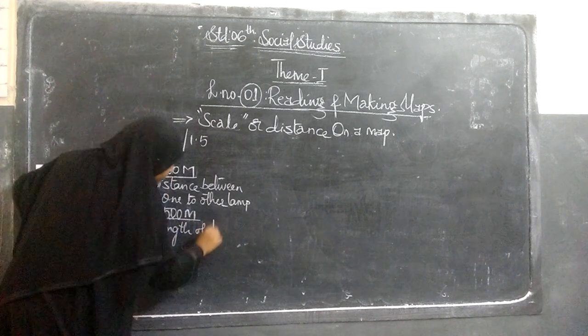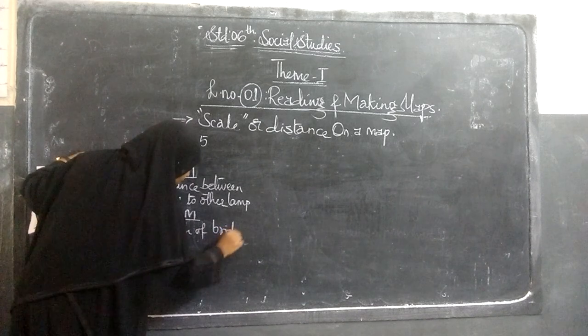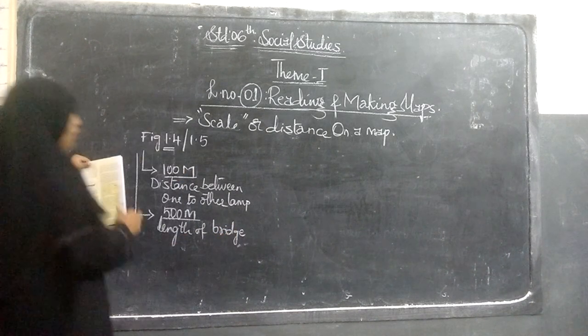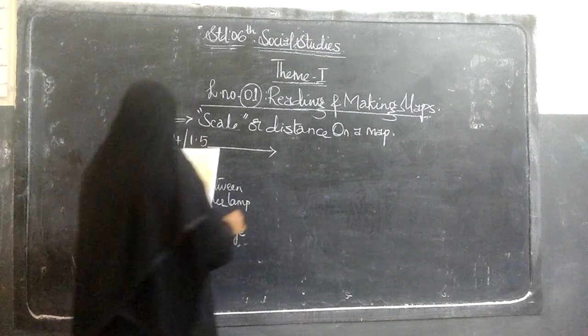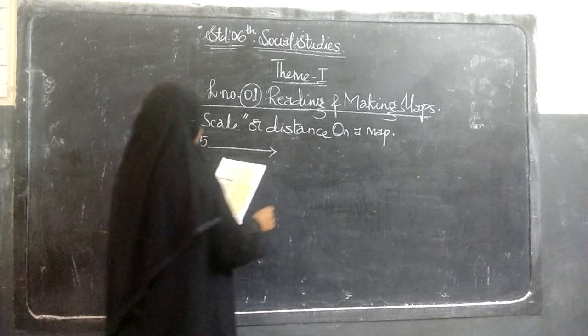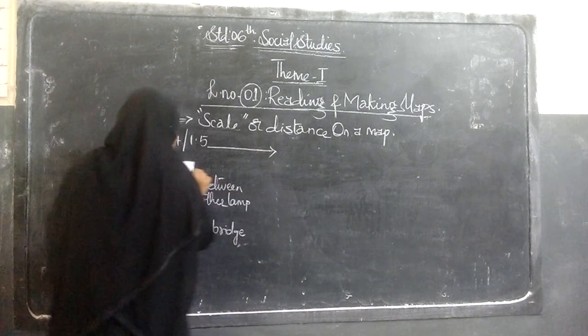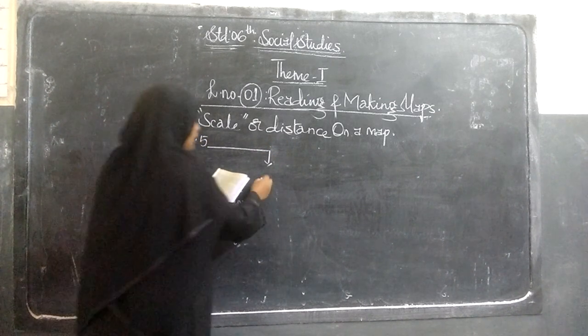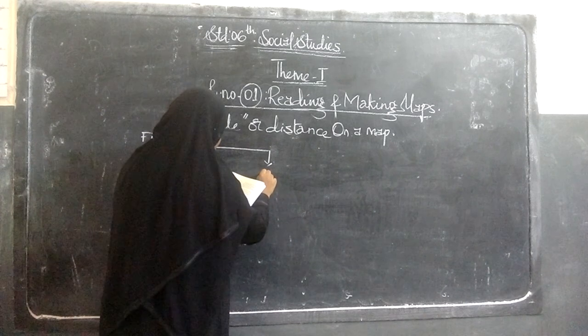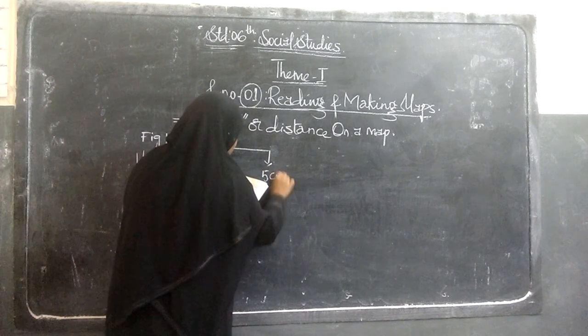Now coming to figure 1.5. In this figure, she has drawn the lamps. This is 100 meters. What she took in this is 5 centimeters for one lamp.